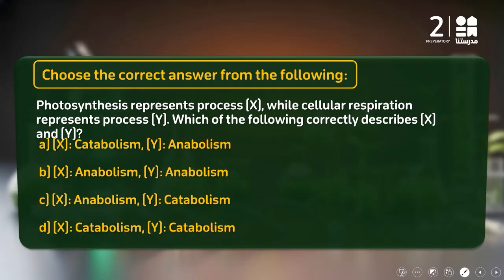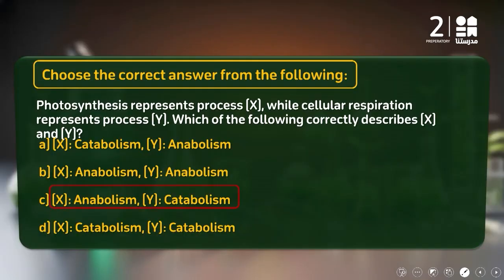So, photosynthesis is a process which produces a large molecule. It converts carbon dioxide and water as small molecules to a large molecule, glucose sugar, C6H12O6. So the first one must be wrong. The second one is wrong.